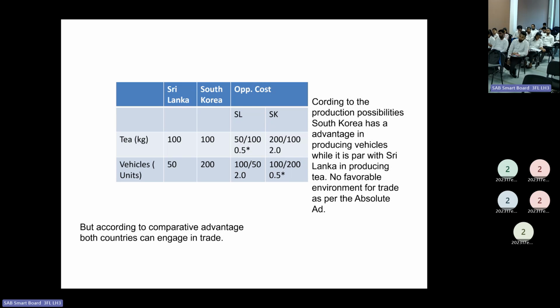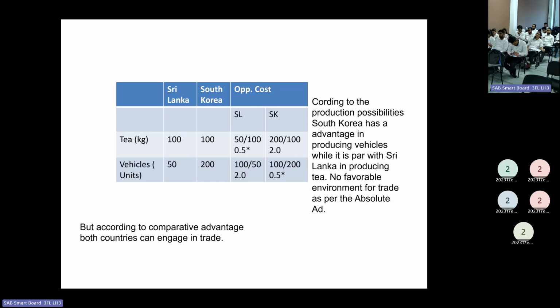Sri Lanka has the lower opportunity cost of producing tea, whereas South Korea has the lower opportunity cost of producing vehicles. So as a result, we can say that Sri Lanka has the comparative advantage in producing tea, and South Korea has the comparative advantage in producing vehicles.